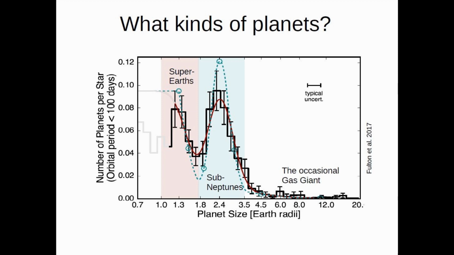They typically live out at 1 AU or further, so hundreds or thousands of day orbital periods. The very first exoplanets that were found were hugging their star with just 3-day orbits, but that's not at all typical. That's only about 0.5% of stars that have a so-called hot Jupiter. So these gas giants are pretty rare close in to the star.